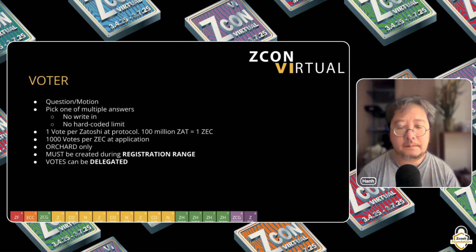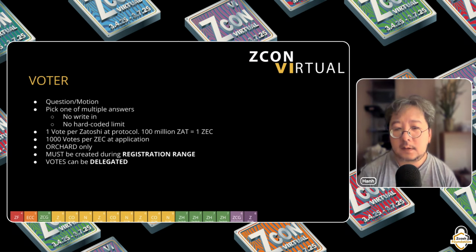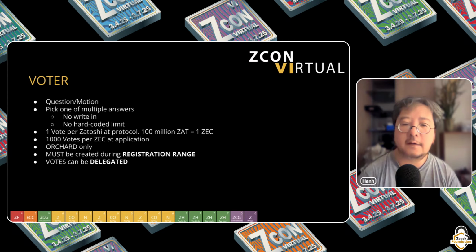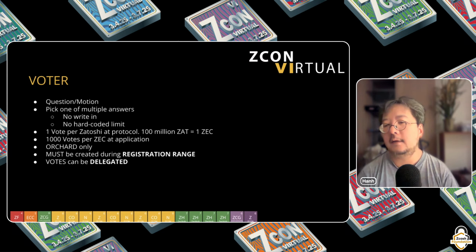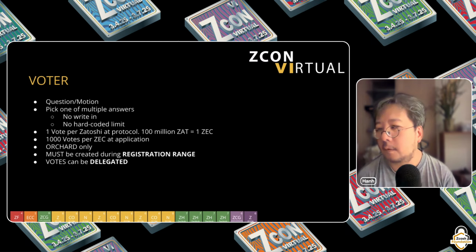The second to last point here, that may not be intuitive, is the need of a registration range. And that is very important to know because this has an impact on your ability to vote. As an elector, when you look at an election, you would have a particular range of blocks. It would say election starts at height A and ends at height B. What it means is that you must have created your Orchard notes during that range of blocks.